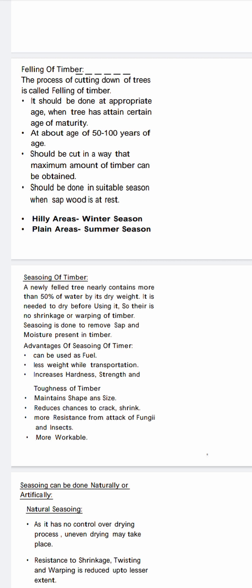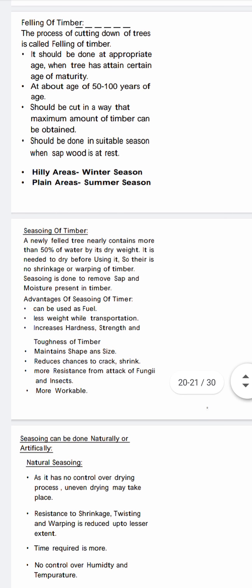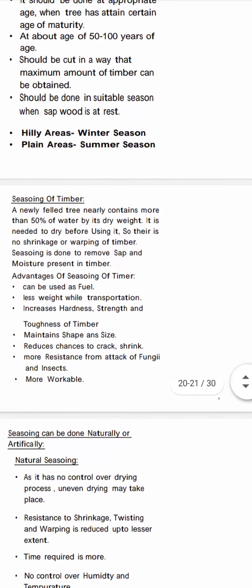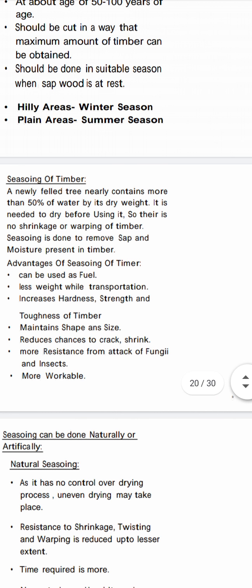Advantages of seasoning: can be used as fuel, less weight during transportation, increases hardness, strength and toughness of timber, maintains shape and size, reduces cracks and shrinkage, more resistance to attack of fungi and insects, more workable.